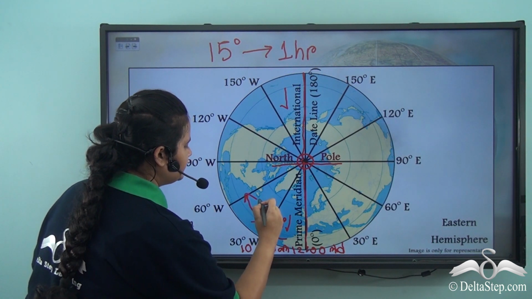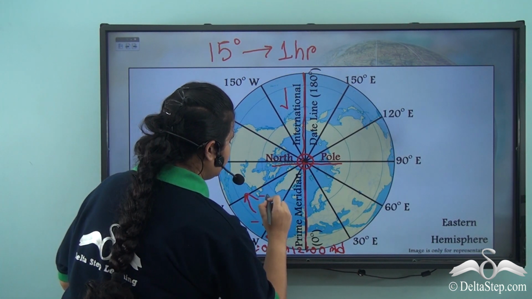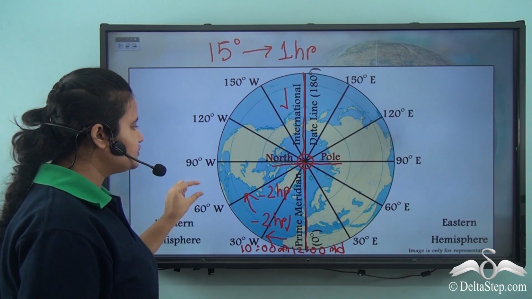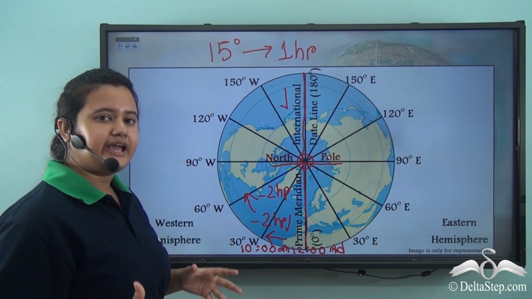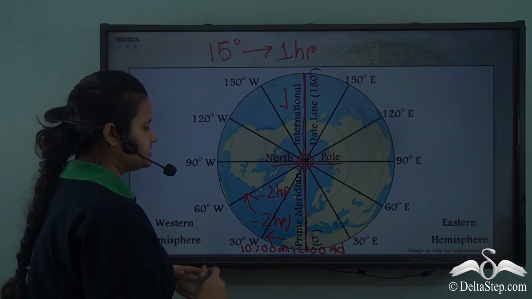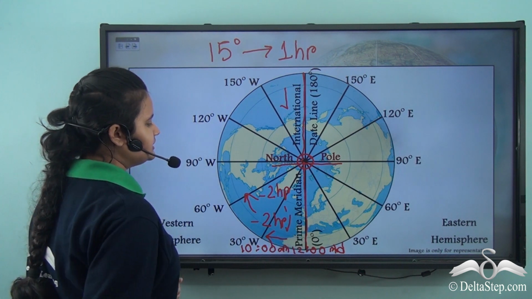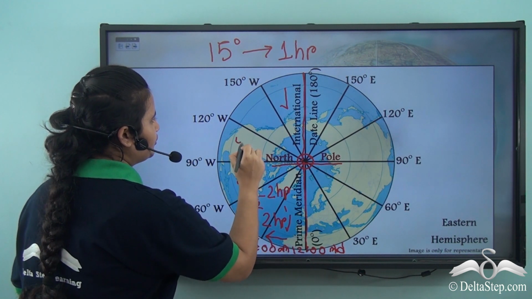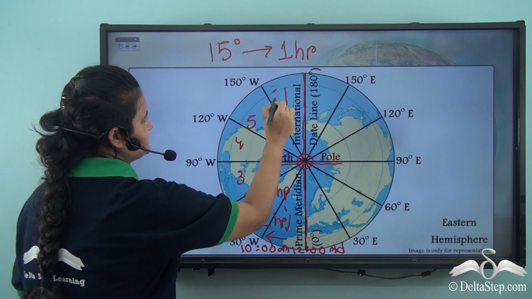Again, there will be a decrease in time by 2 hours. So on crossing each 30 degrees, the time will decrease by 2 hours. So this is one 30-degree interval. This is second, third, fourth, fifth, sixth.